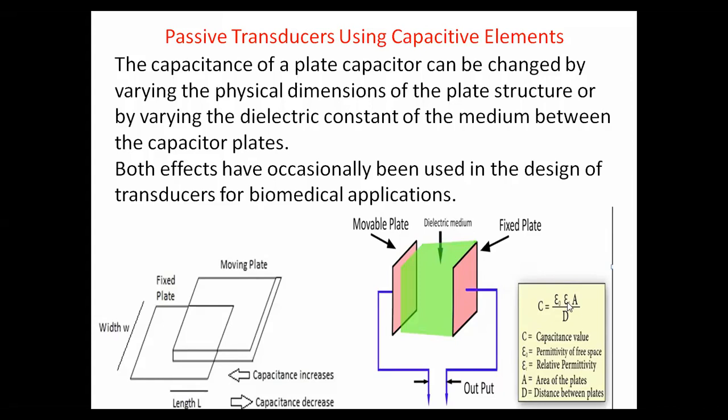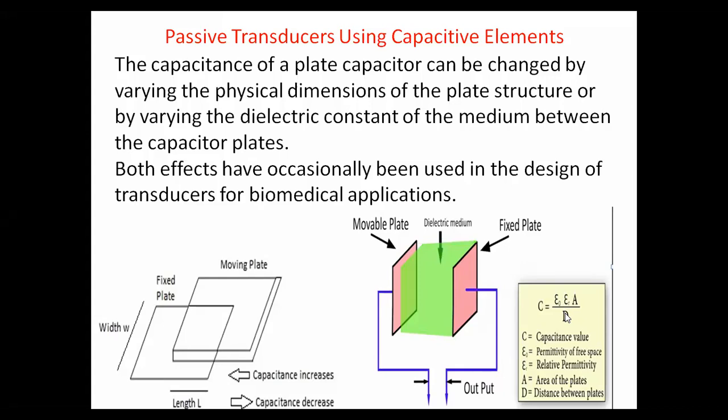And also there is the permittivity of the medium. If the permittivity of the dielectric medium changes, then the capacitance value will also change. Based upon these three properties or variations, we can change the capacitance. Considering these three variations, we will apply the displacement.